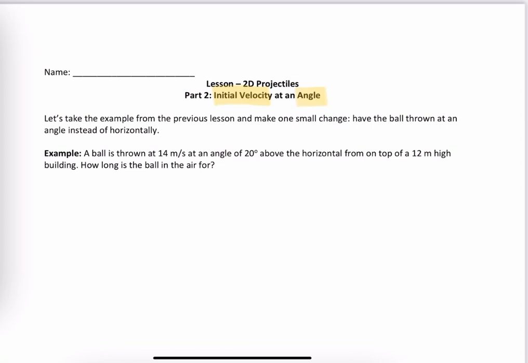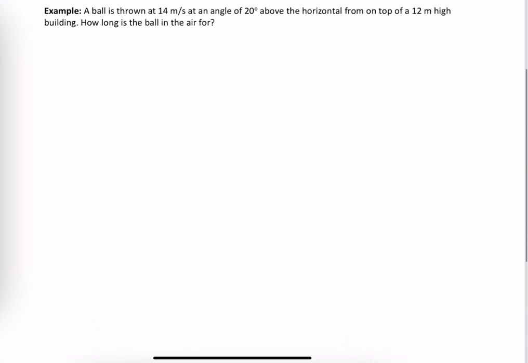And I want to introduce this by basically taking the exact problem we did last lesson and just making one tweak to it. So, in the last lesson, we had this scenario where there was a ball being thrown from a cliff.